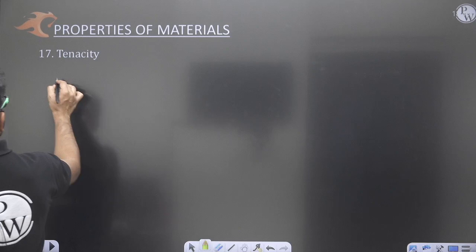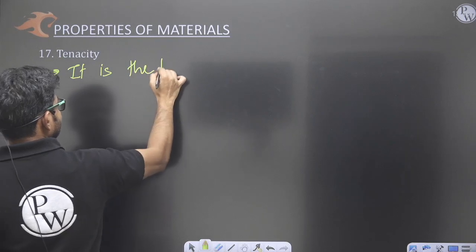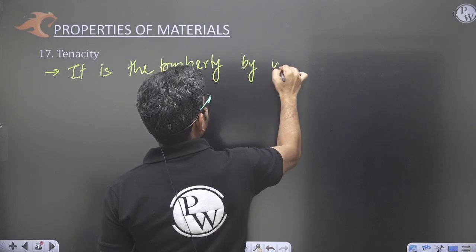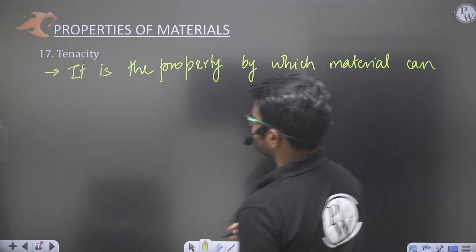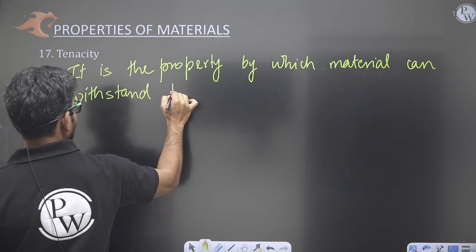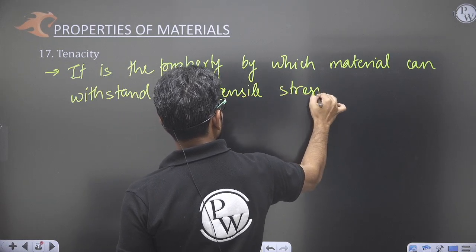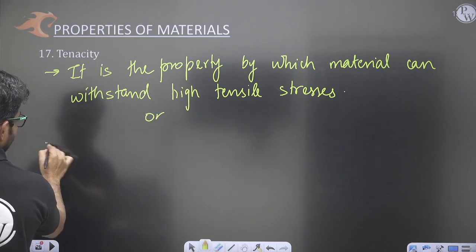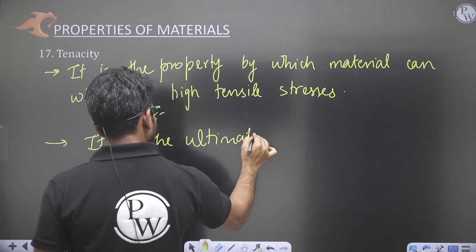It is the property by which a material can withstand high tensile stresses. Or it is also called the ultimate strength in tension.